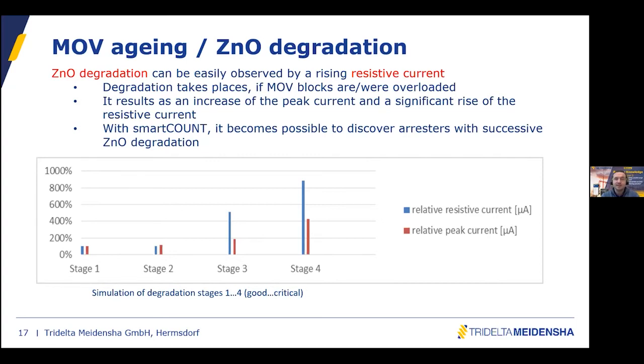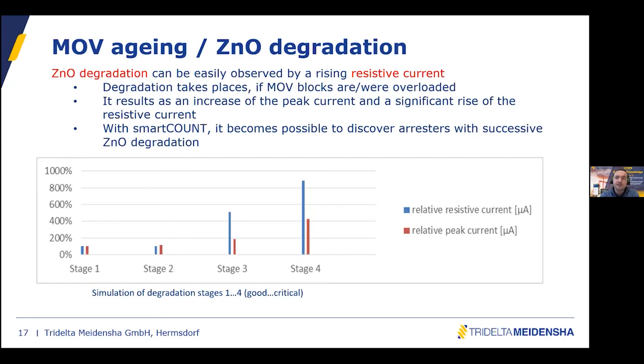So it can start a degradation, MOV aging, ZnO degradation, until you reach the overload. The failure can happen over a long period of time, and it always goes through different steps.